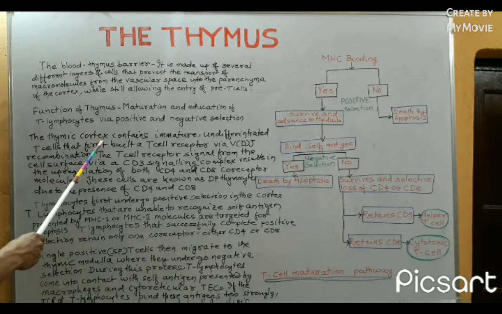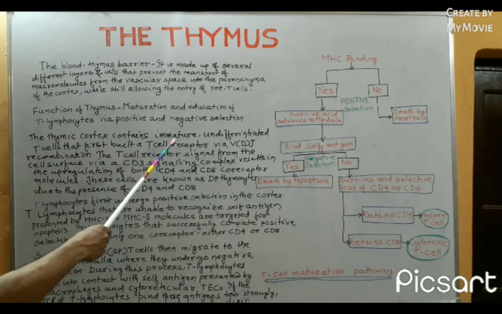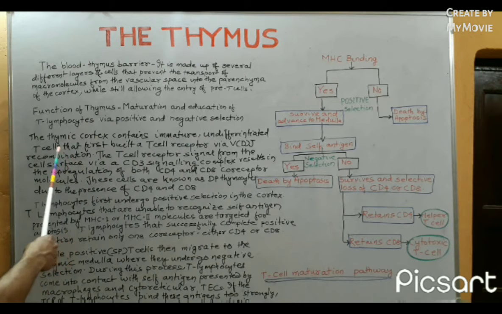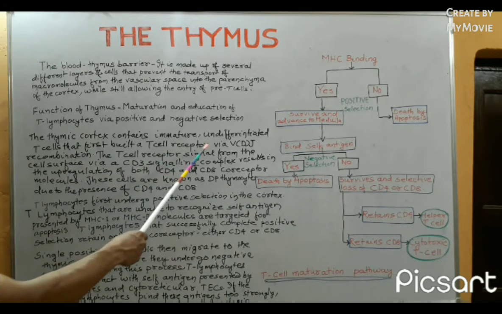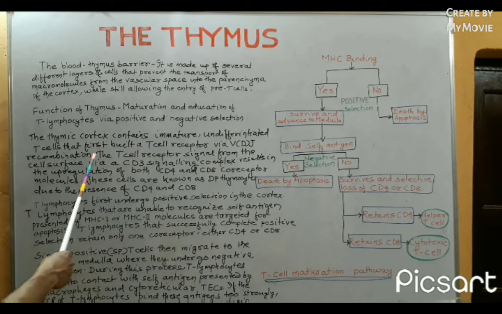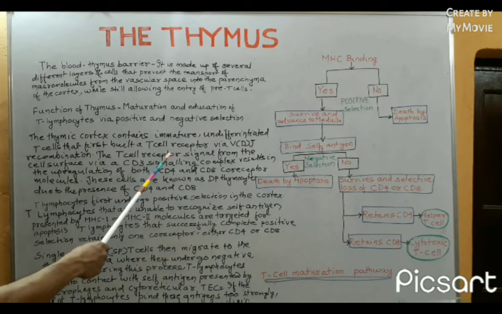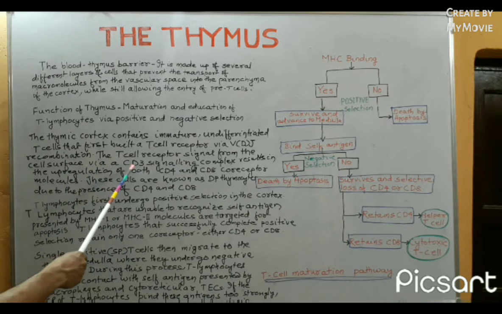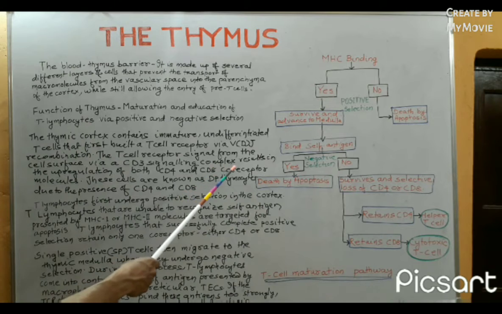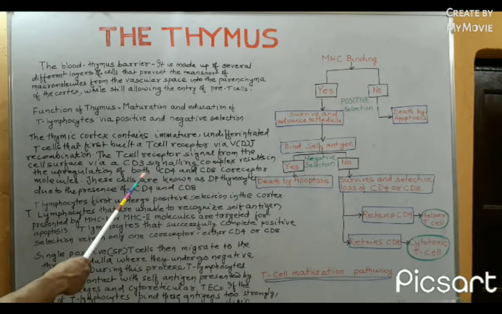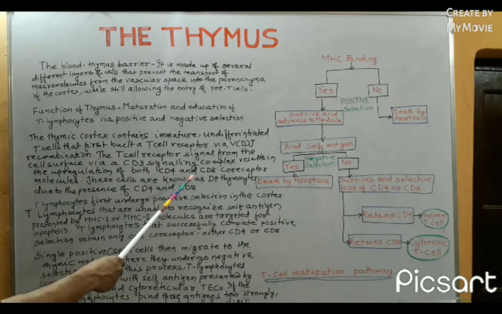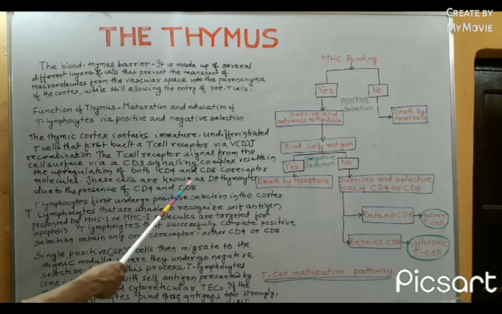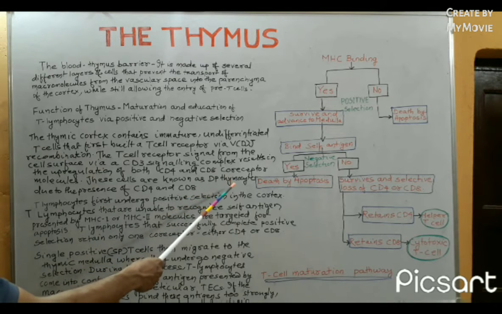So the thymic cortex contains immature and undifferentiated T cells that first build a T cell receptor via VDJ recombination. The T cell receptor signals from the cell surface via a CD3 signaling complex that results in the upregulation of both CD4 and CD8 co-receptor molecules. These T cells are known as double positive thymocytes.